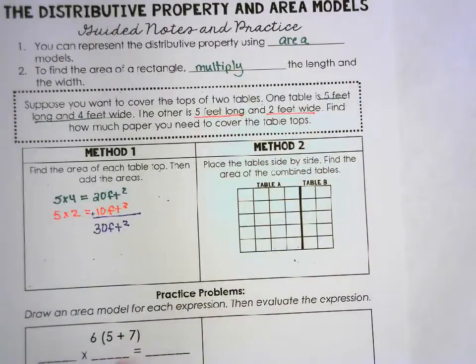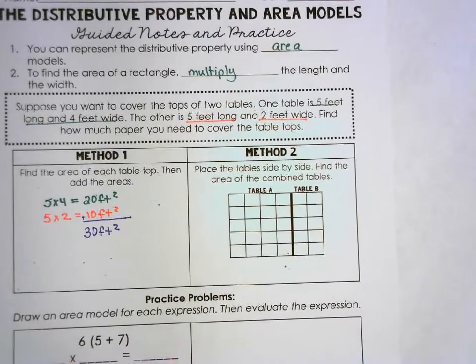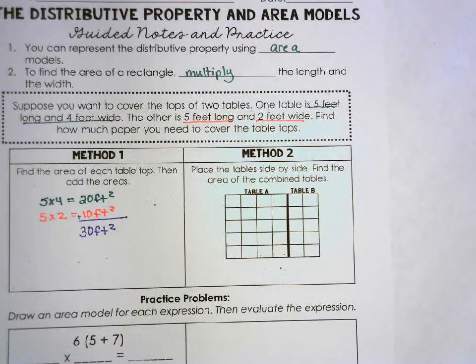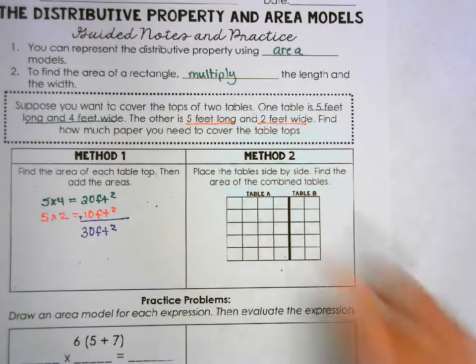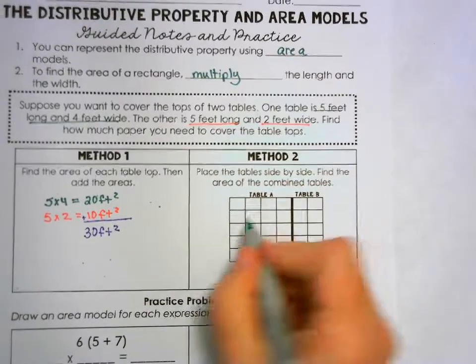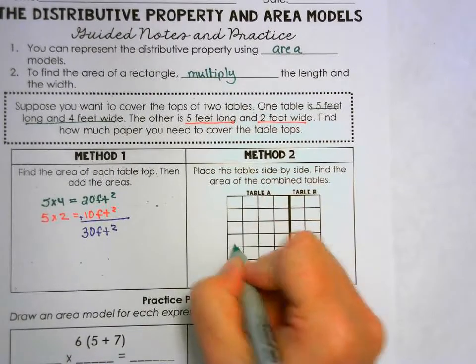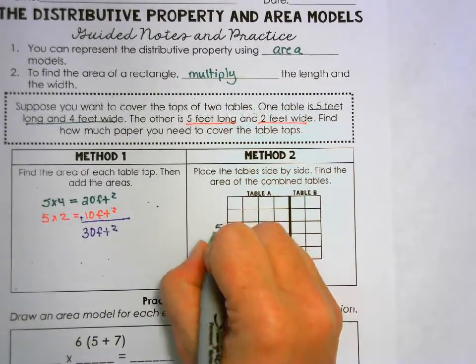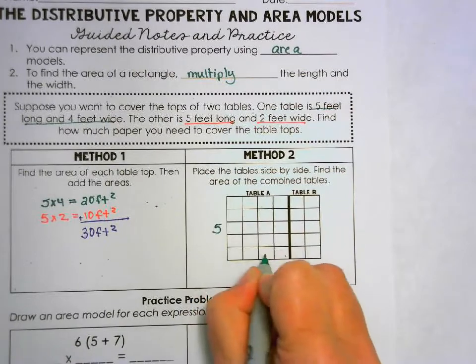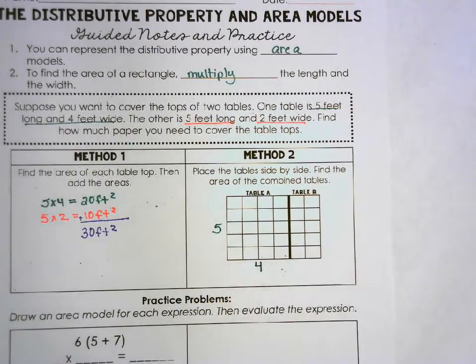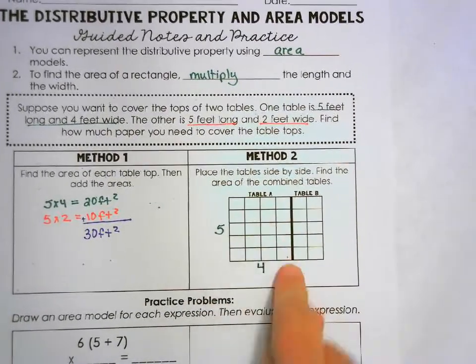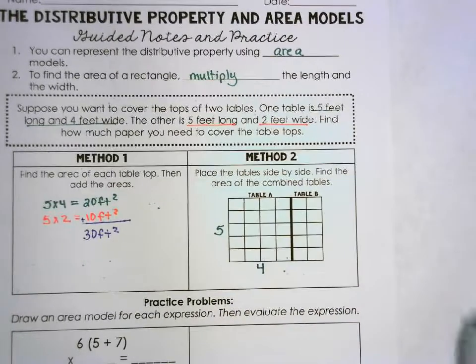Let's look at the way that we could draw that out. We're going to imagine that we're taking the tables side by side. So here's the first table. The first table, as we can see, is 1, 2, 3, 4, 5. And here it is 1, 2, 3, 4. So my 5 times my 4, you can see the 20 right there.